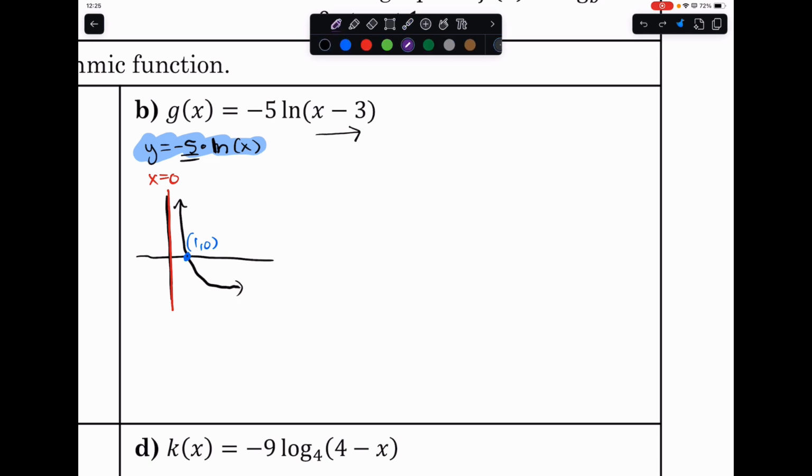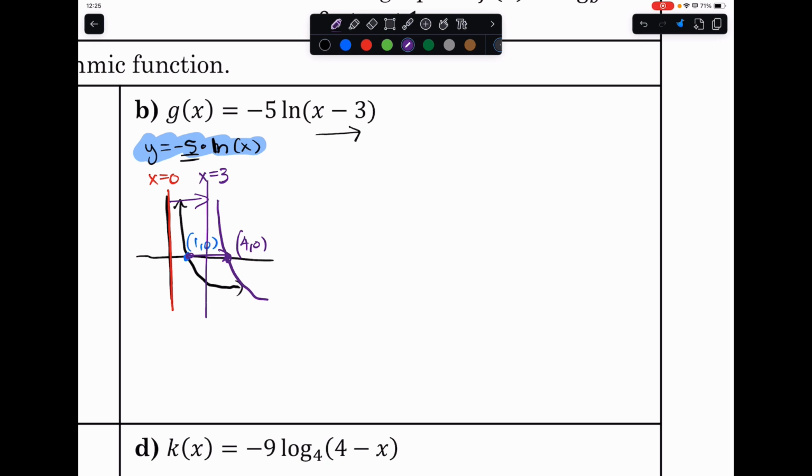Let me get it in purple. So 3 units to the right, and this point is also going to move 3 units to the right. So the vertical asymptote will now be at x equals 3, and this point, 1 plus 3 is equal to 4, is going to cross the x-axis at 4, 0.